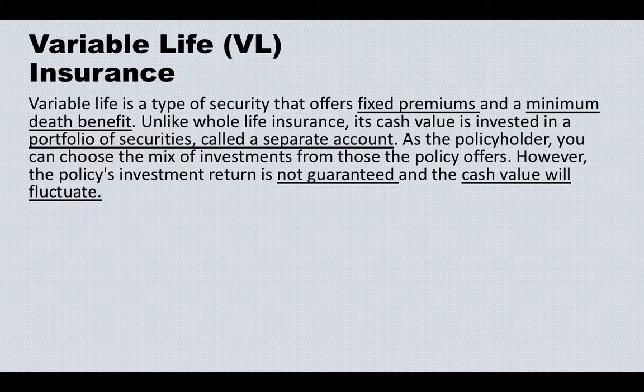Unlike whole life insurance, its cash value is invested in a portfolio of securities called a separate account. As the policyholder, you can choose the mix of investments from what the policy offers. However, the policy's investment return is not guaranteed, and the cash value will fluctuate.